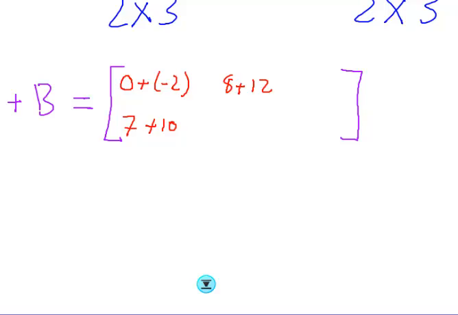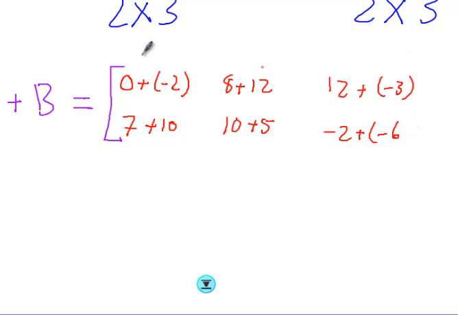Then we have 10 plus 5. Then we have 12 plus negative 3. Then we have negative 2 plus negative 6. And that, in a nutshell, is it.